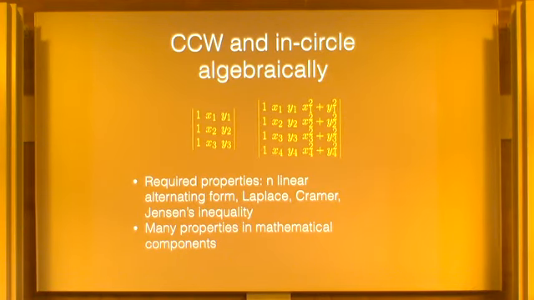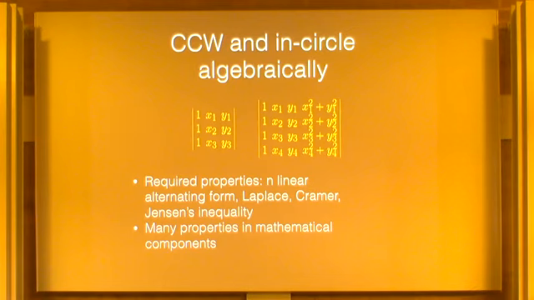So just to give you a little information, this is how you compute whether the 3 points follow the same orientation as the coordinate system of the plane. You check whether this determinant is positive.